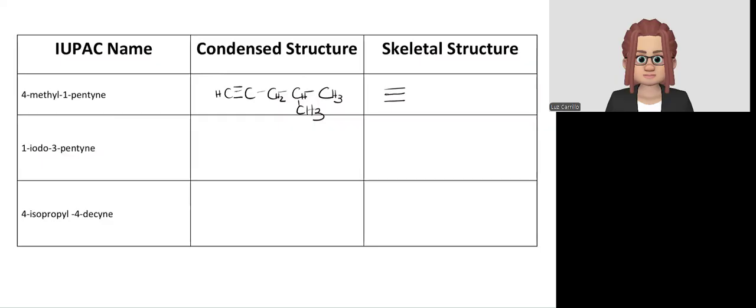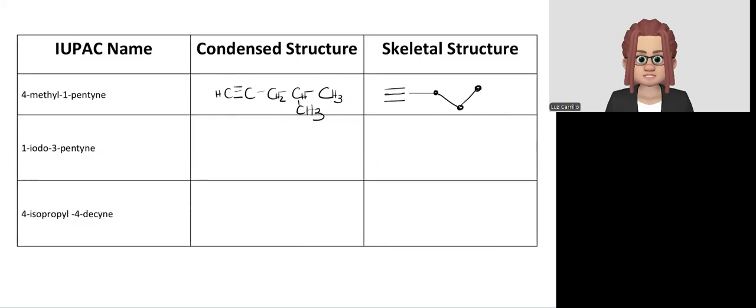So for this molecule, since this is carbons 1 and 2, I need to write in carbons 3, 4, and 5. And what I do is that after I write my triple bond, I go, this is carbon number 3, carbon number 4, carbon number 5.